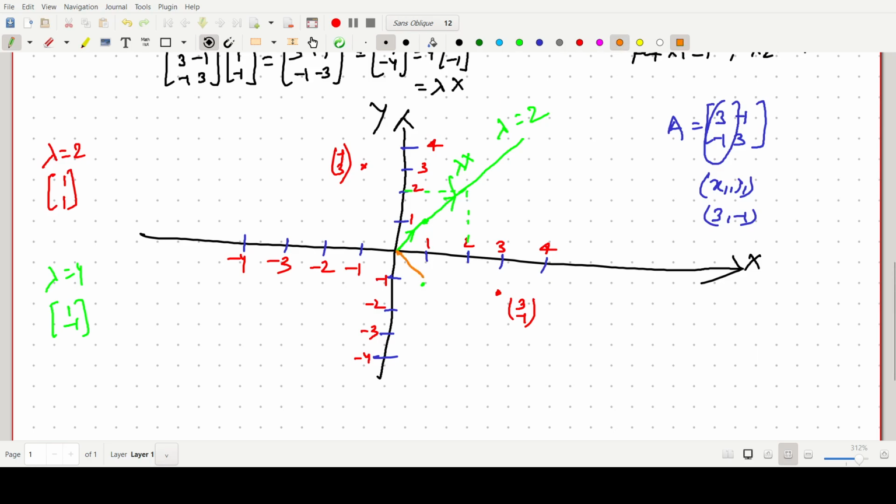So 1, minus 1 is there for lambda equals 4, and the lambda x point will come somewhere along it. So this is the plot for lambda equals 4. You can make it for different lambda. This is for the matrix A equals 3, minus 1, minus 1, 3.